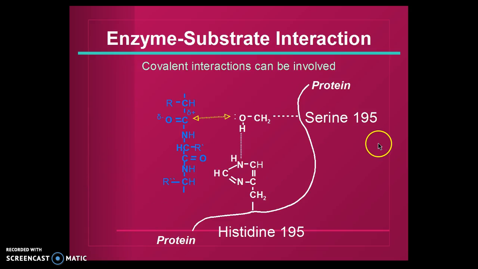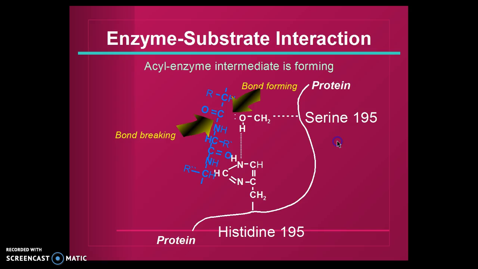Here is a good example of covalent interactions, and you can see this enzyme and this substrate. Here's a blow-up of various parts on serine and histidine, the amino acids within the protein. Here the substrate, this carbonyl carbon, is being attracted to this part of the CH2OH on the serine.